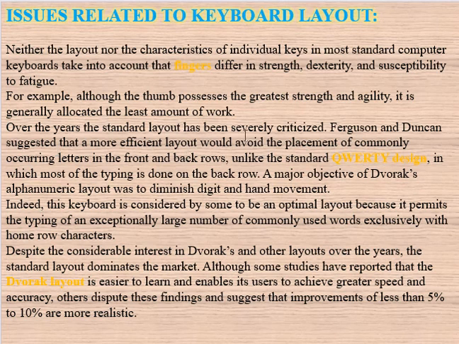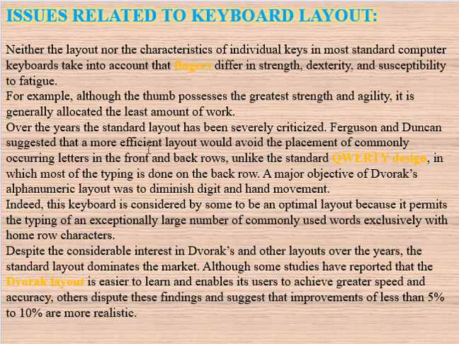Over the years, the standard layout has been severely criticized. Ferguson and Duncan suggested that a more efficient layout would avoid the placement of commonly occurring letters in the front and back rows. Unlike the standard QWERTY design, in which most of the typing is done on the top row, a major objective of the Dvorak alphabetic and numeric layouts was to diminish digit and hand movement.